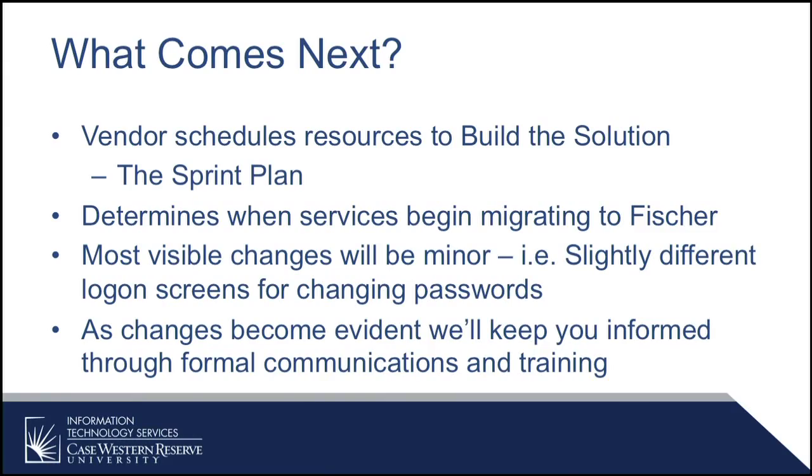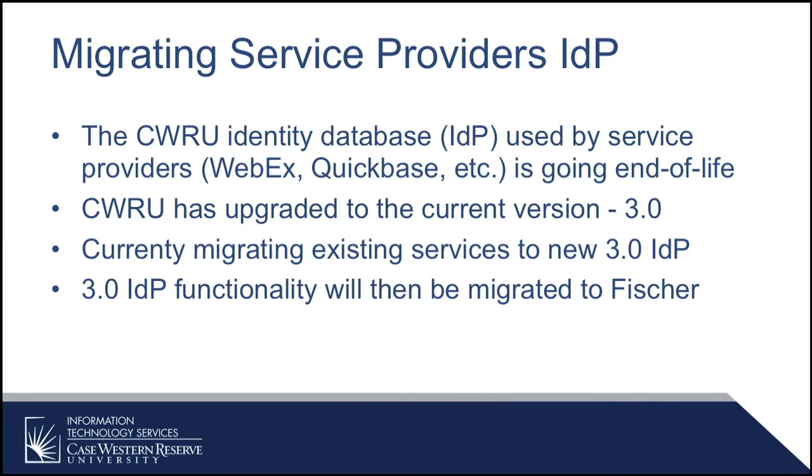So let's talk a little bit then about what comes next. We've got these two initiatives underway, and right now we're in the design phase for the provisioning environment for the internal systems, and we're in the process of updating the CAS environment for those external systems. So let's take a look for a moment at the external systems, the service providers.